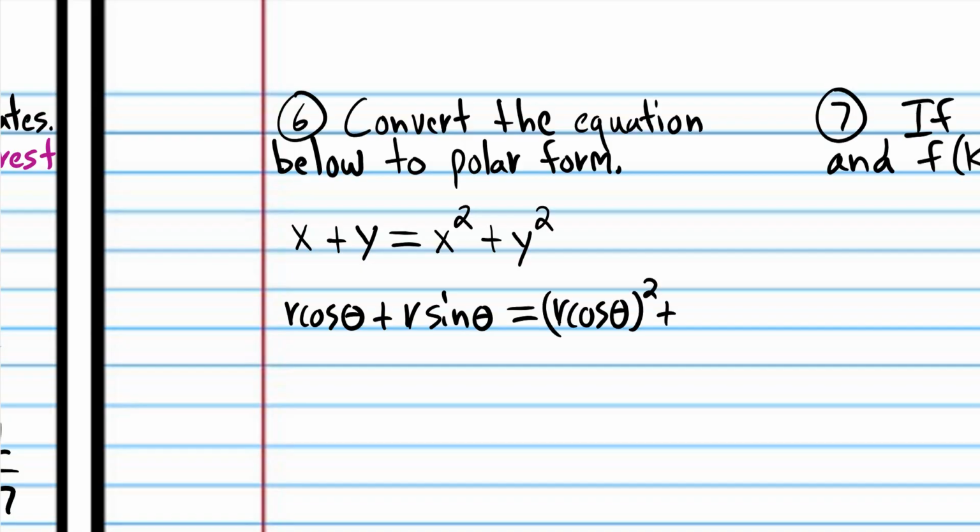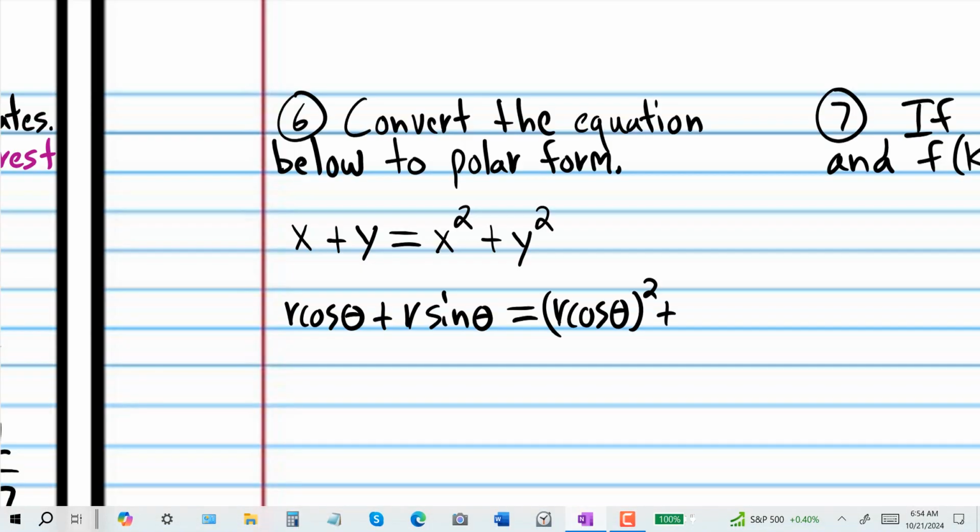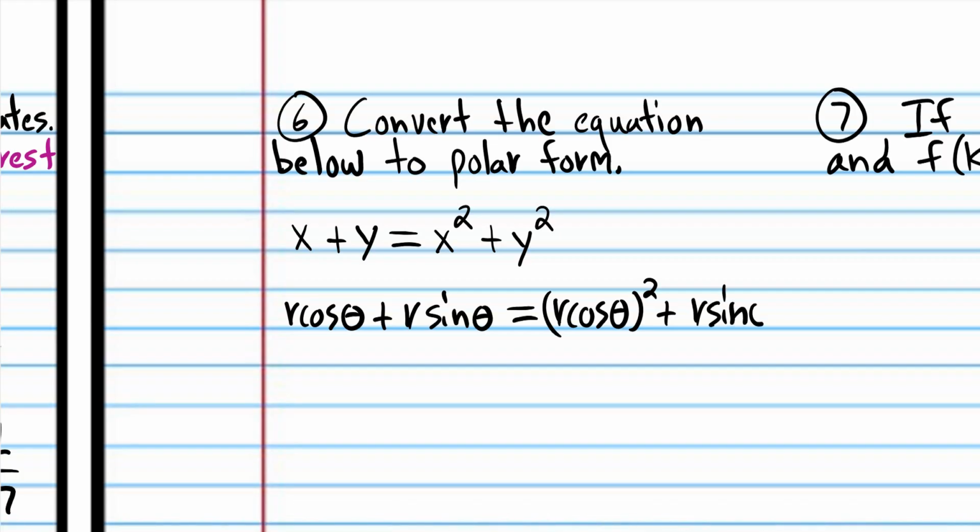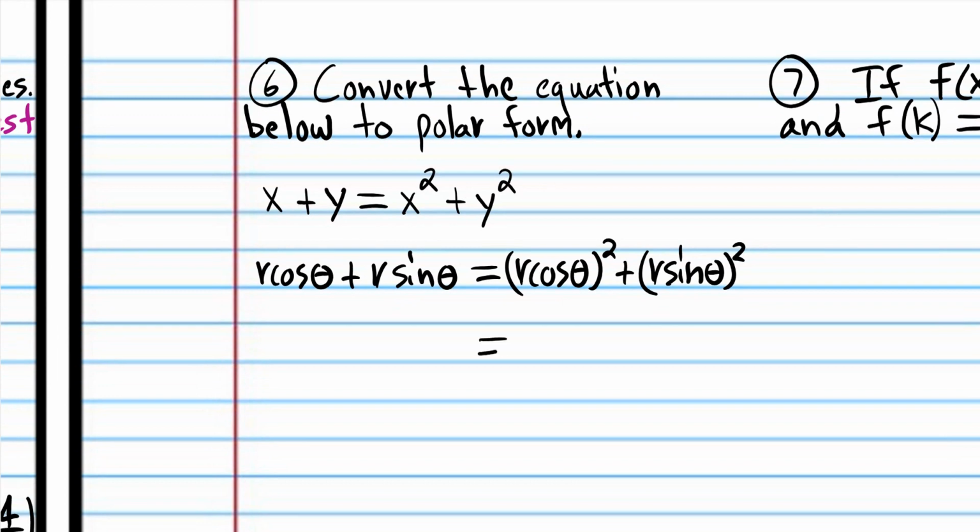Again, replacing x with r cosine theta and y with r sine theta. Okay, so we're going to use exponent rule number 3. That becomes r squared cosine squared theta plus r squared sine squared theta.